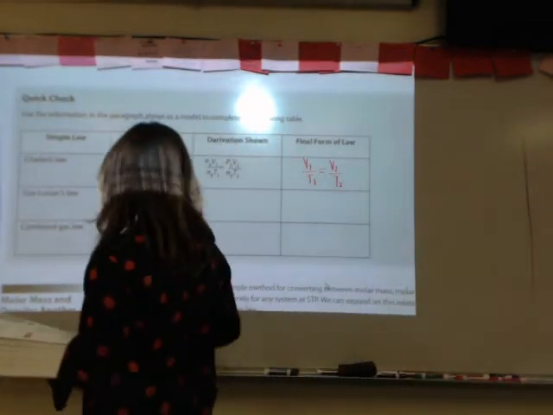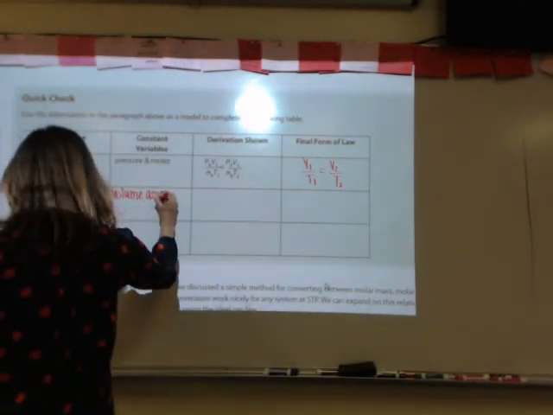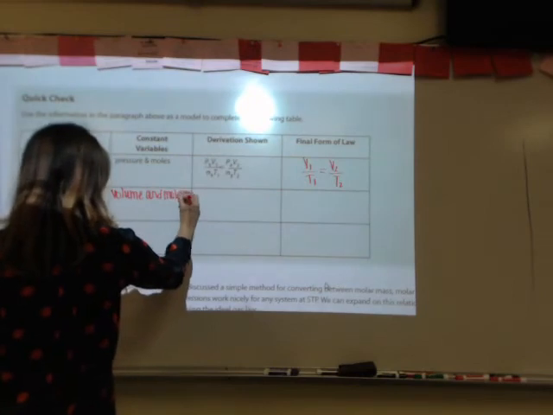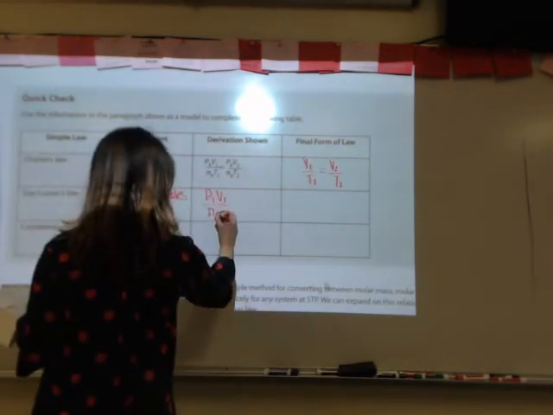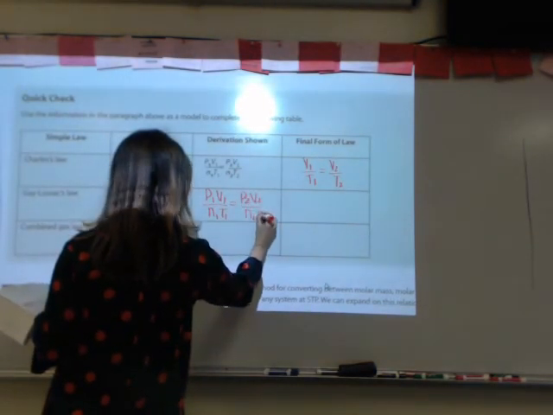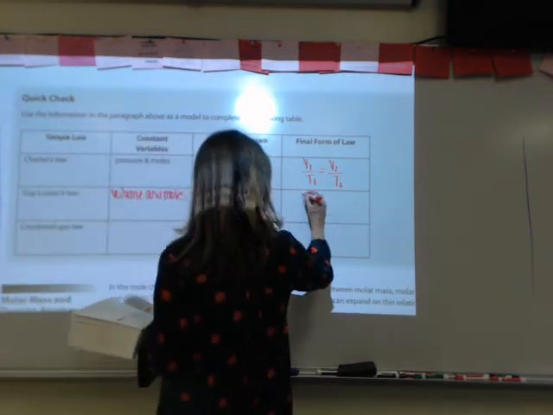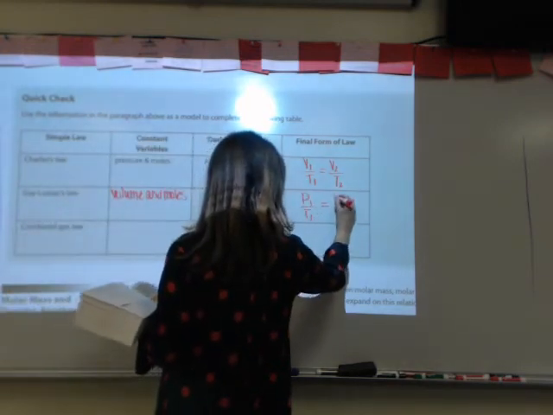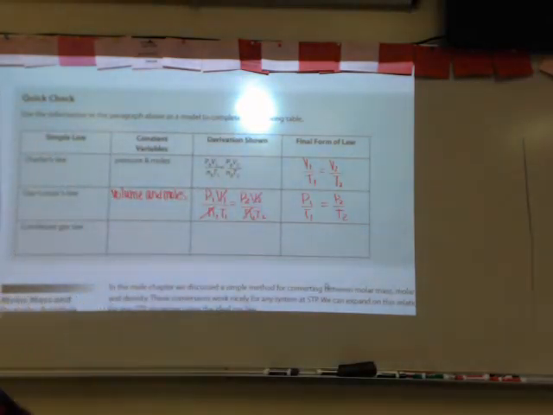Now, if I'm looking at Gay-Lussac's law, which has volume and moles of gas constant, if I cancel out those variables, so N is gone and V is gone, I get P1 over T1 equals P2 over T2, which is Gay-Lussac's law.